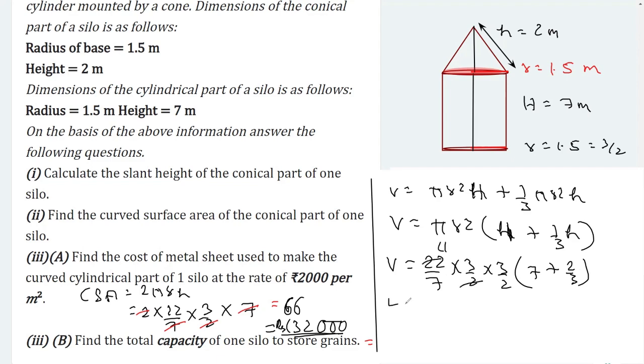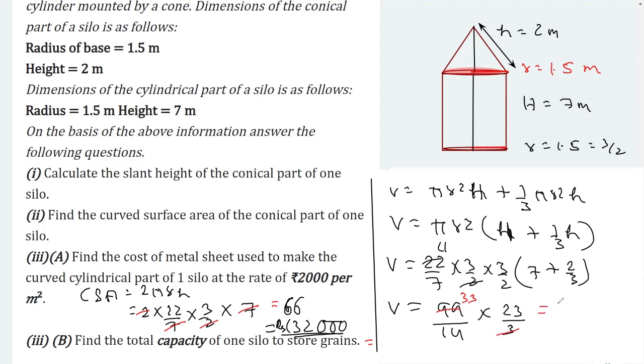So what we are getting here as V is equal to 9 multiplied by 11, that is 99 over 14, times, if I solve, 7 threes are 21, 21 plus 2 is 23 divided by 3. Well, a part of it can be reduced. I can reduce 3 one time and 99 by 3 gives 33. So if I multiply 33 with 23, whatever it comes, that divided by 14 should give you the volume.